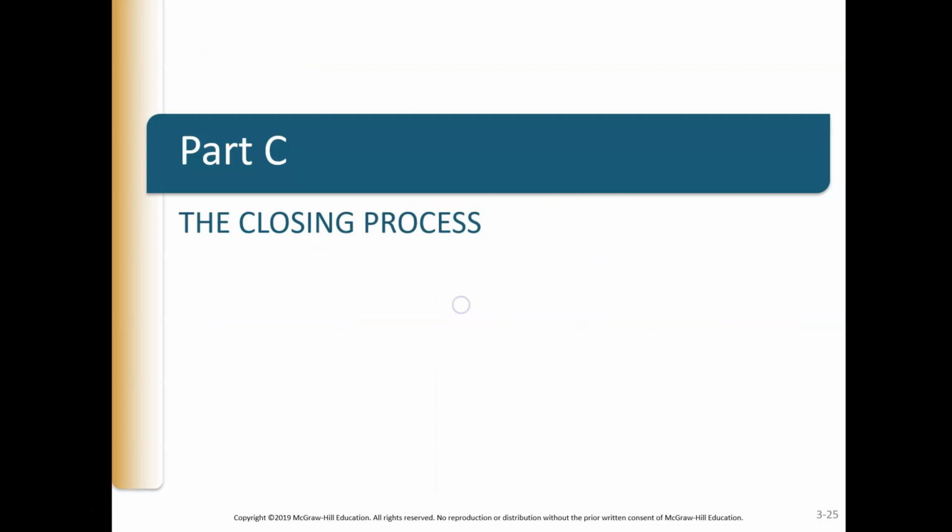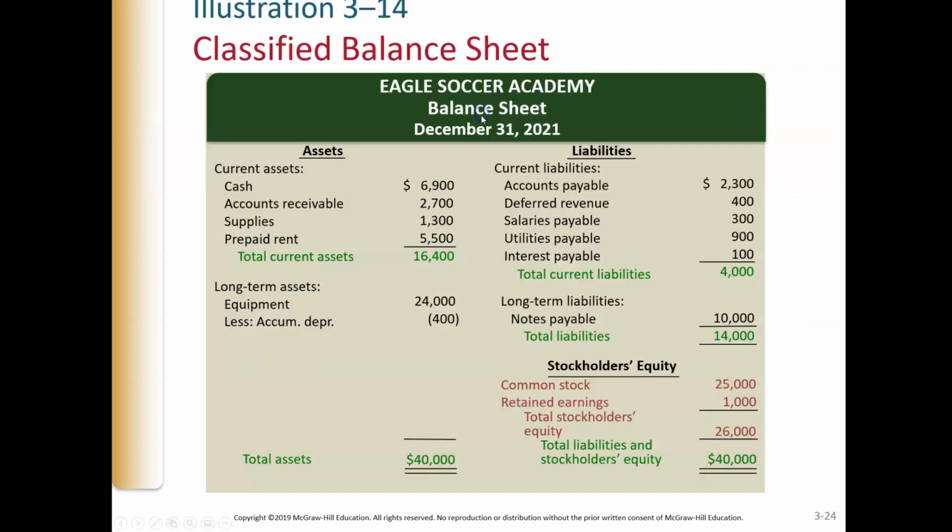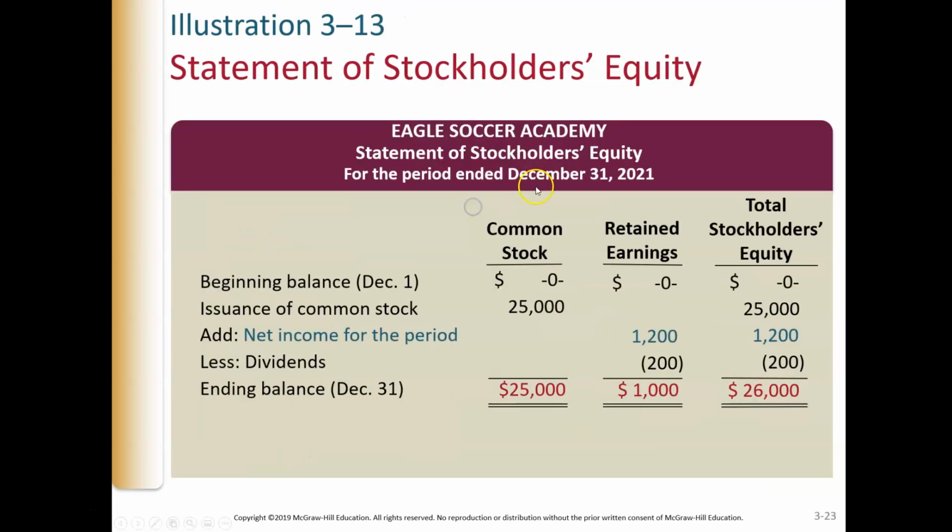And if you remember, let's go back. Let's look at the statement of stockholders' equity. See how in statement of stockholders' equity we had this beginning balance and retained earnings, and we add net income and we subtract dividends, and we come up with a balance? The closing entries make this physically happen in the books.